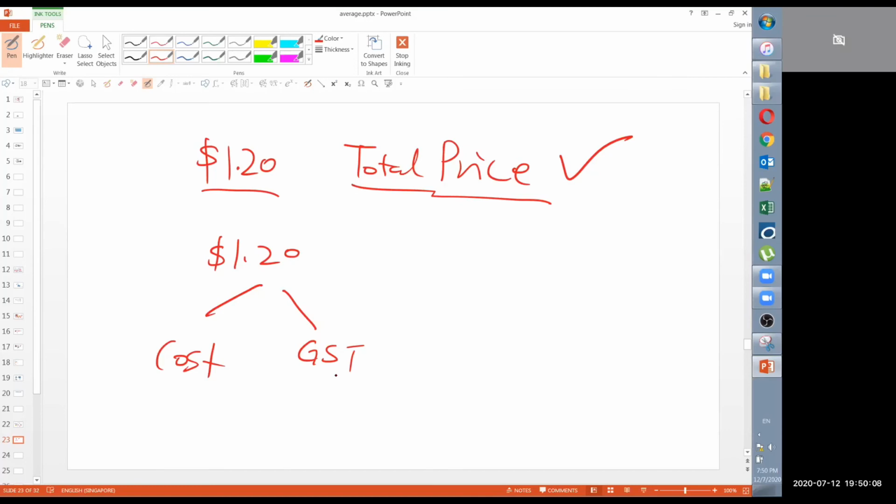So GST is how many percent in Singapore? 7%. All right. So 7% is the GST, right? In Singapore. By the way, we are talking about Singapore. Okay. Then cost is how many percent?